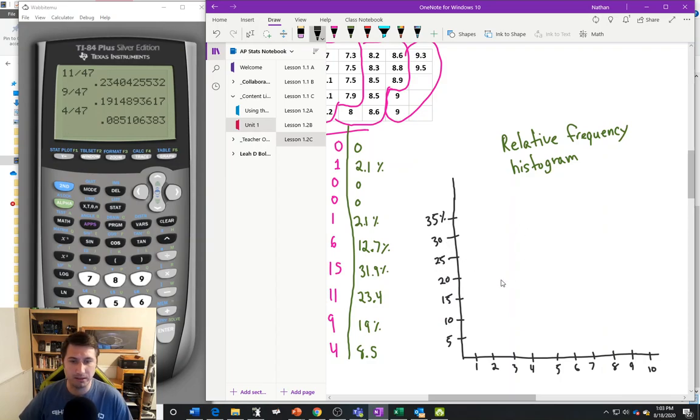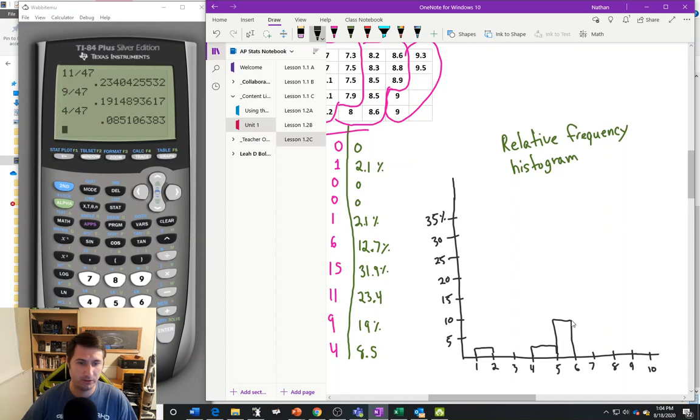And now we can make our bars here. So between 1 and 2, it's 2.1, so it's something like that. 0, 0, 2.1 again. Between 5 and 6, we have got 12.7.